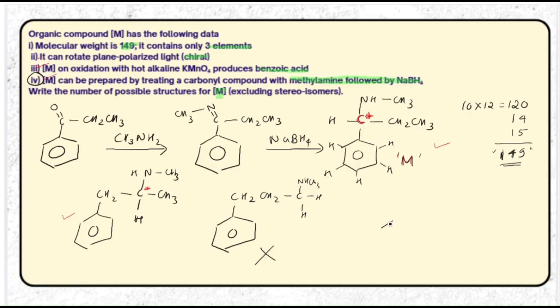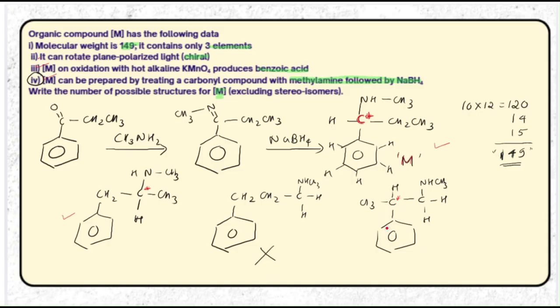What else can I write? Can we change the position over here like this? What if I write CH3 here and then H here, and then here I take the aldehyde? Yes, that is possible. So here you are getting NHCH3 and then there is H and then there is H. Although we don't have a chiral carbon here, we do have a chiral carbon over here. So this is the other possibility.